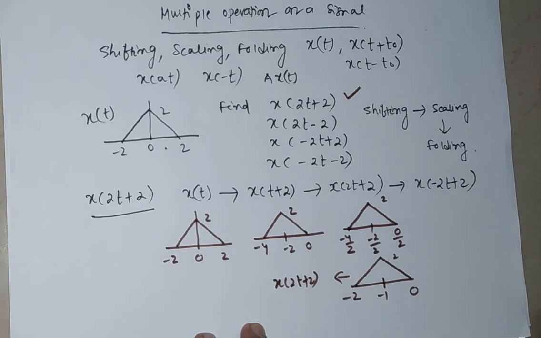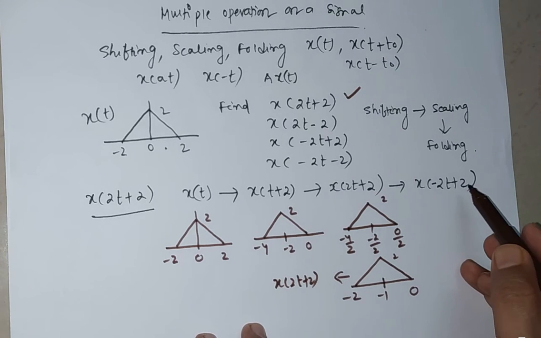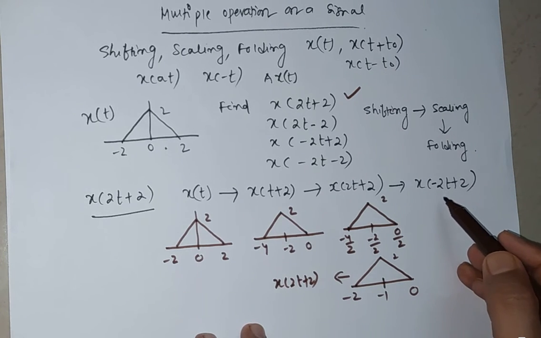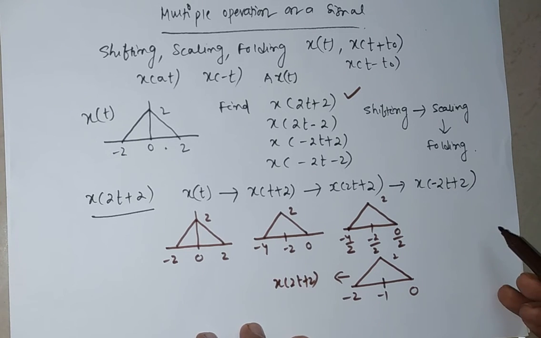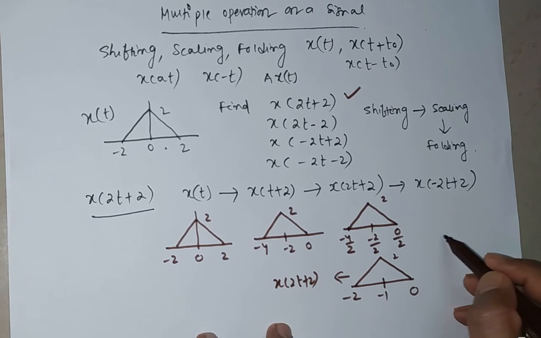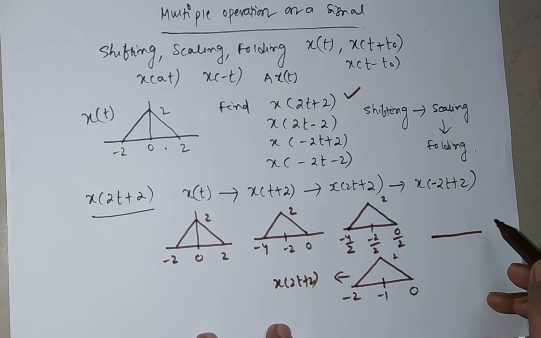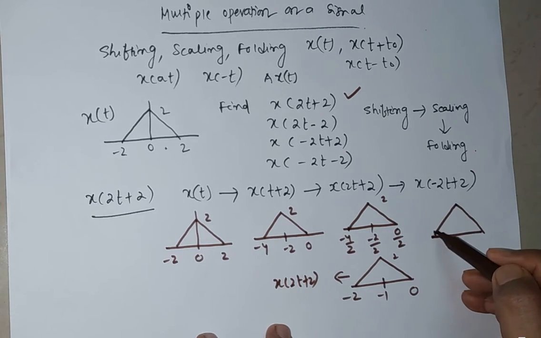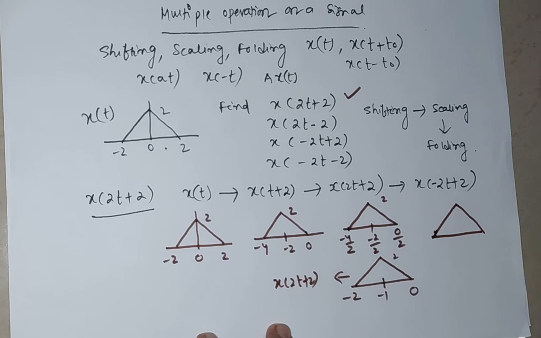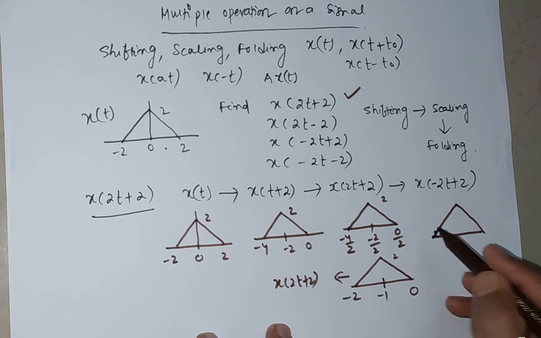This problem is over. Now if you go to the folding part, what will you do? This is x of 2t plus 2, then x of minus 2t plus 2. X of minus 2t plus 2 means simply fold the signal x of 2t plus 2. Folding means take the left hand side or negative side to the right positive side, and take the positive side to the negative side, or simply rotate the signal with respect to the y axis.